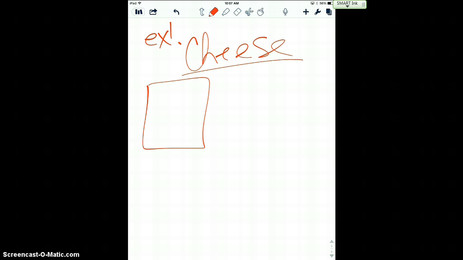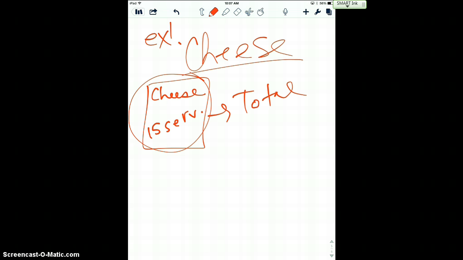So in this pack of cheese, it has 15 servings, meaning you're only supposed to eat 1 serving at a time. So hopefully you don't eat this whole package. But in this whole package, it has a total of 147 grams of fat. Whew! That much fat for that package of cheese, which you're not going to eat all at once. It's recommended you just have 1 serving.